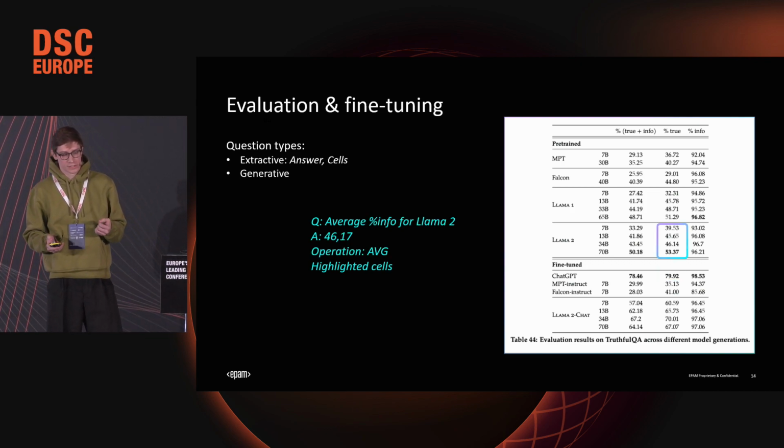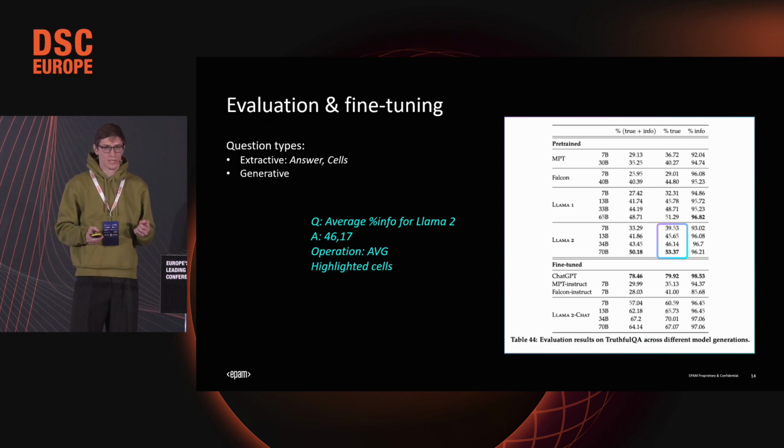Another type of questions is generative, meaning that we not only would like to have an array of cells selected and highlighted, but we also might want to have an operation over them, again, some averaging, counting, and so on.